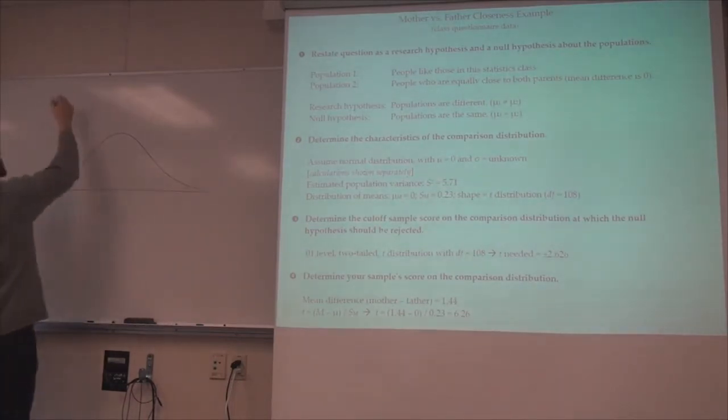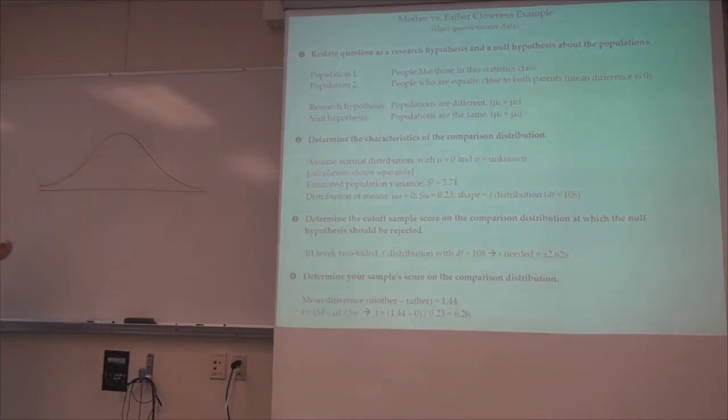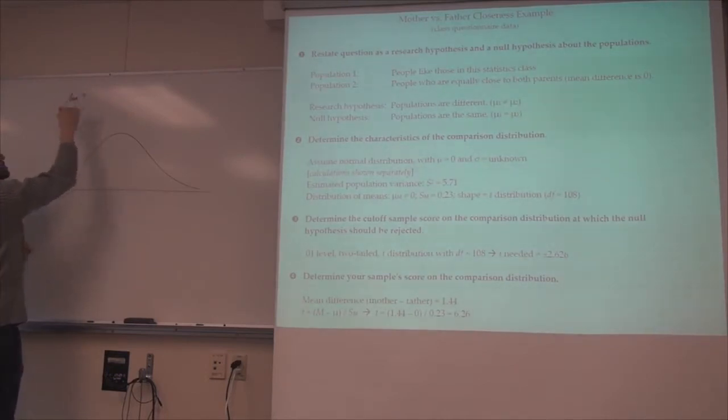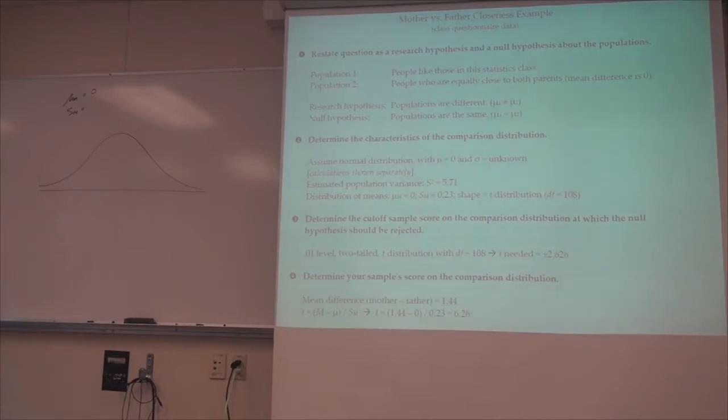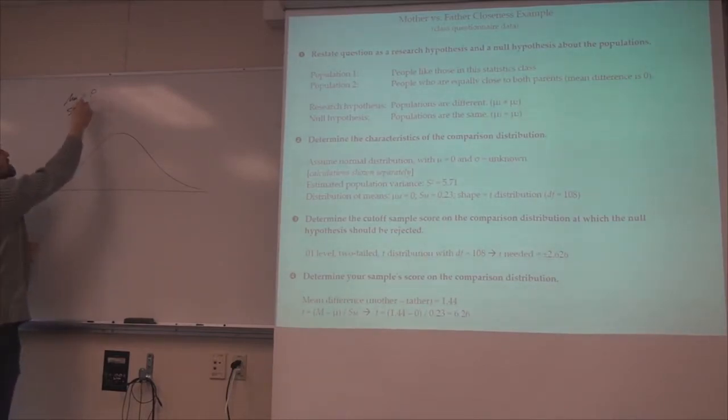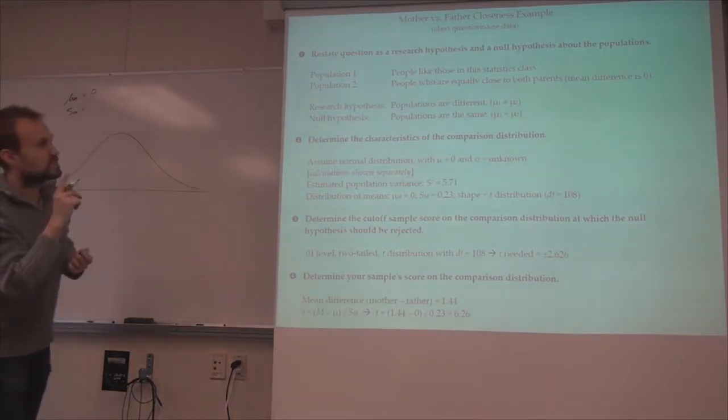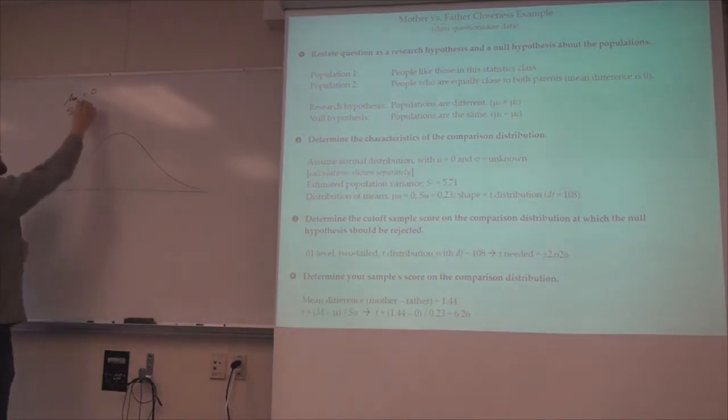I have a sample that's more than one, so I have to look at the distribution of means of different scores, and I've approximated the standard deviation. Under the null hypothesis, I'm going to see if it's significantly different from a 0 population mean, and my standard deviation, I just said, 0.23.